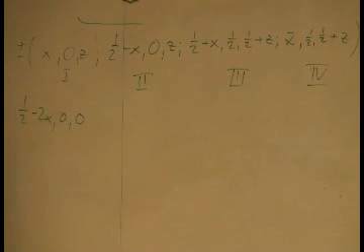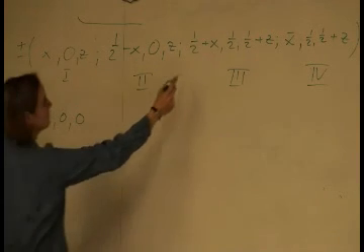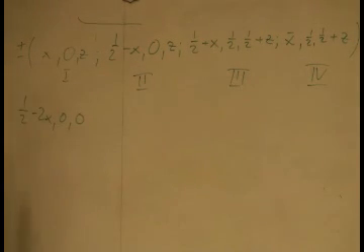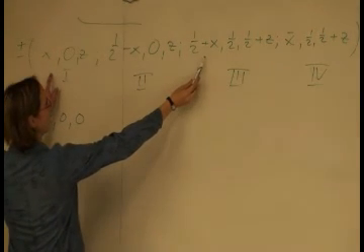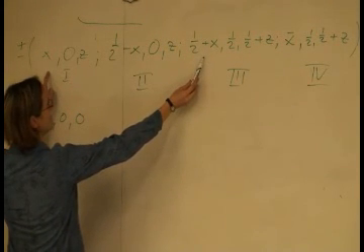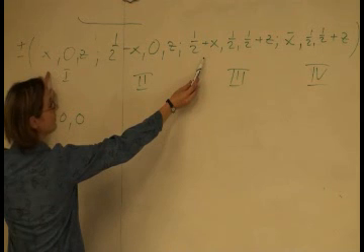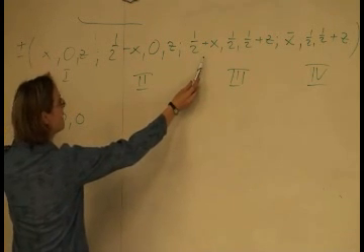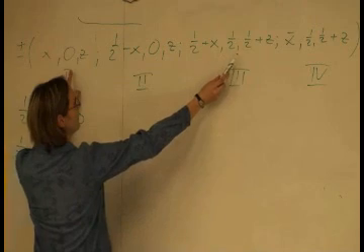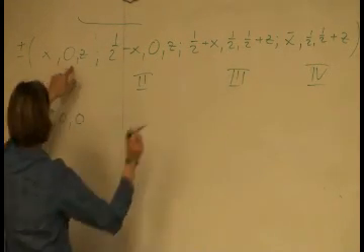So, Anthony, 3 and 1. Oh, okay, 1/2 minus 2x. 1/2, yep. Yeah. 1/2. 1/2.